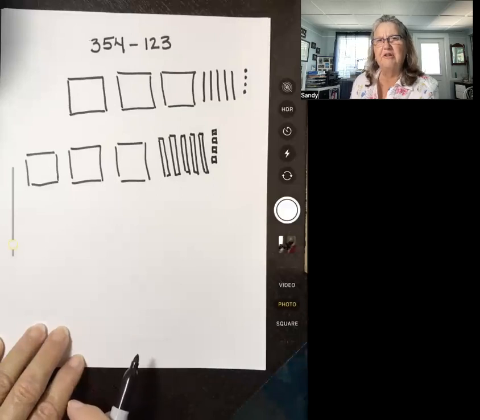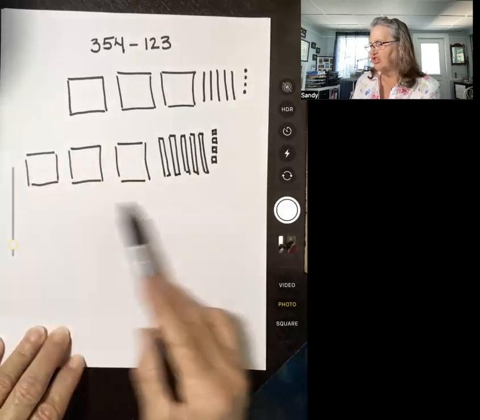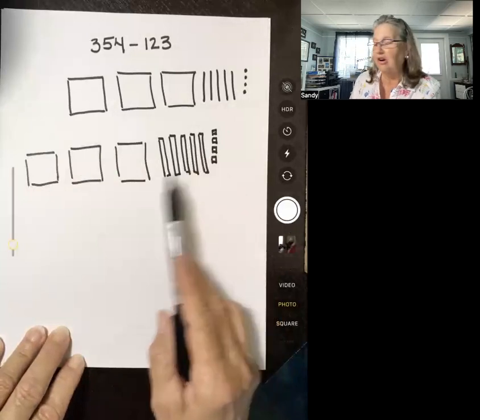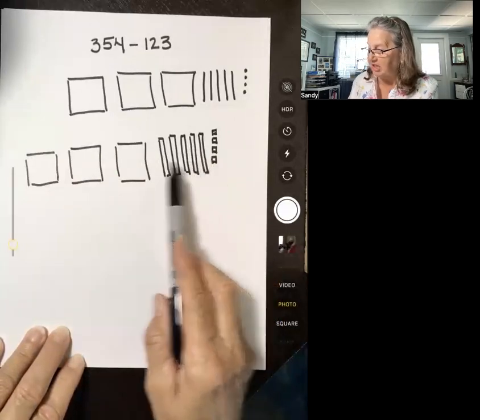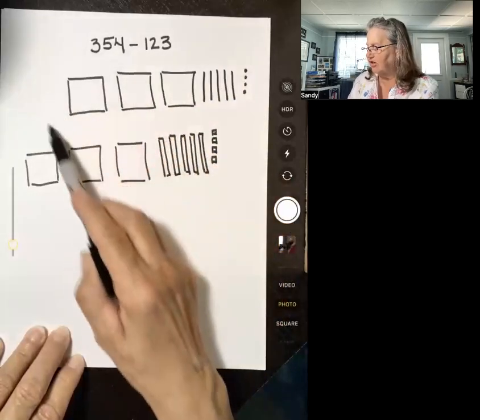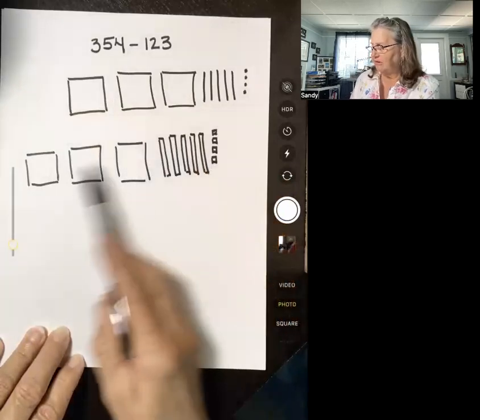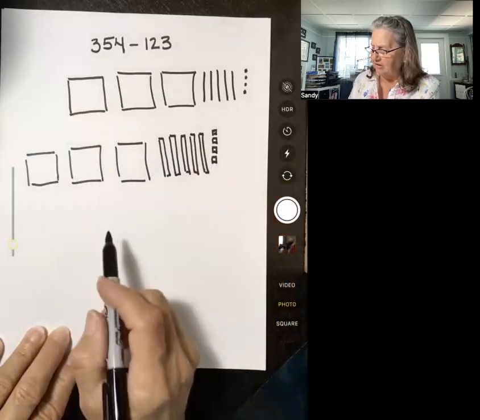What I find, though, is when I work with the children, after a while, these all start to look the same. It's hard to distinguish, especially between the 100 and the ones. So for me, this type of a drawing is more efficient, takes a lot less time than this one. Now, I do want to mention one other thing.